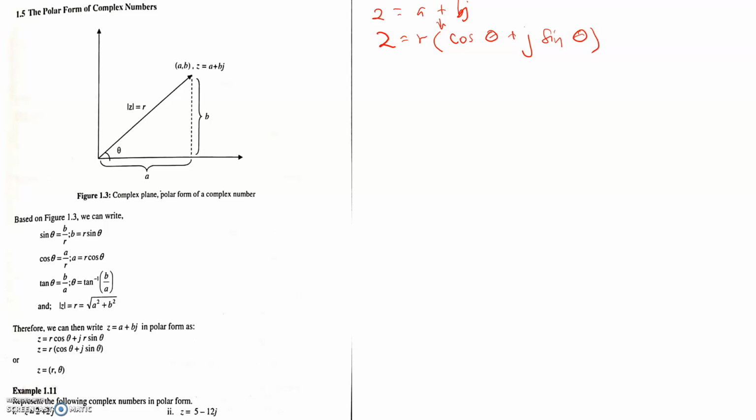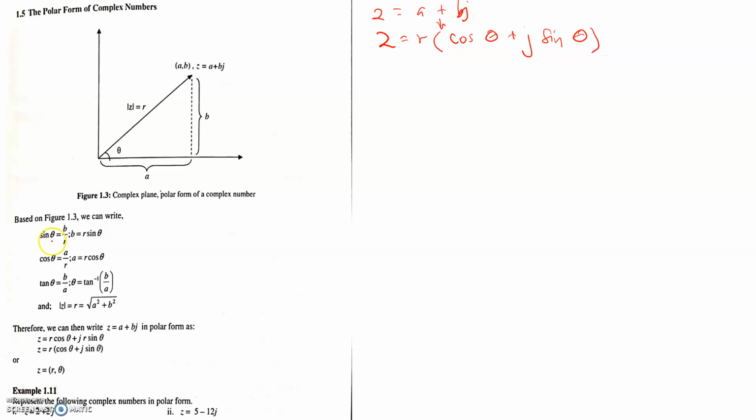So how can we change from this form to this form? What is the idea behind it? It also comes from SOHCAHTOA. For sine, opposite over hypotenuse, which is this opposite over the hypotenuse.